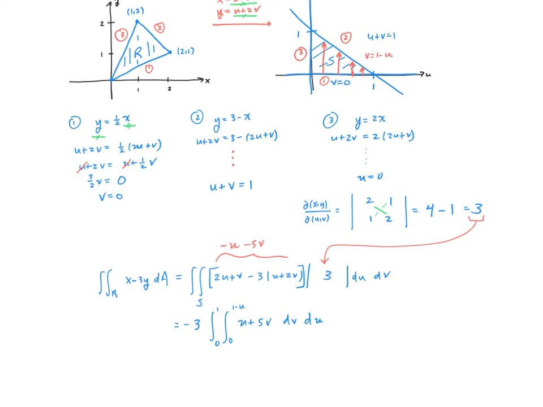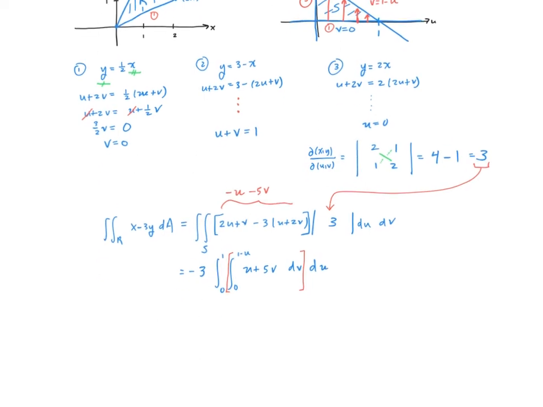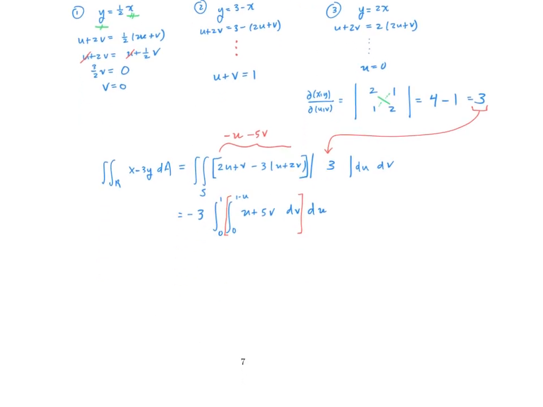And now we have a very reasonable double integral to evaluate, and we can just do so incrementally, step by step. We start with the inside integral with respect to v, and once that has been evaluated, we take care of that outside integral with respect to u. And let's go through 2 or so steps together, and then I'll leave the rest of the details up to you.